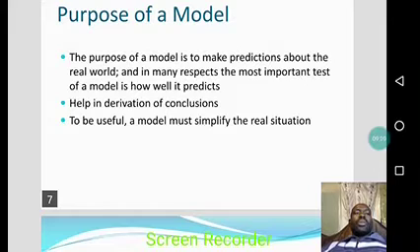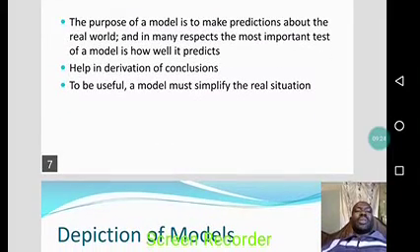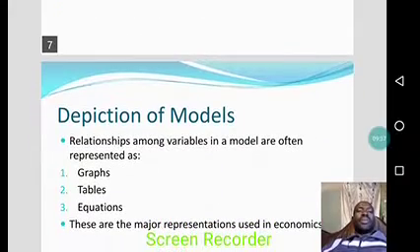So what you're trying to do is predict the prevailing situation basing on the model. So a model will help you in deriving conclusions. Then we need to know that if it is to be useful, a model must simplify the real situation.